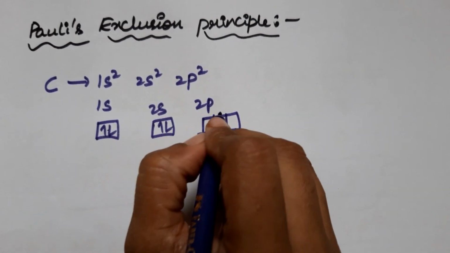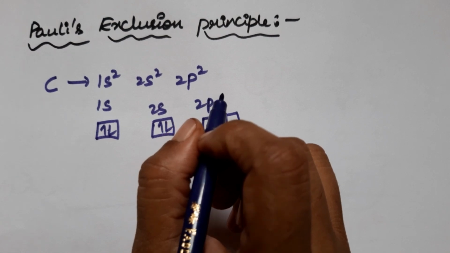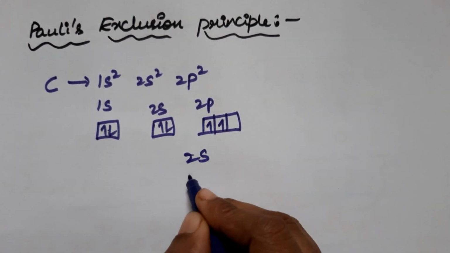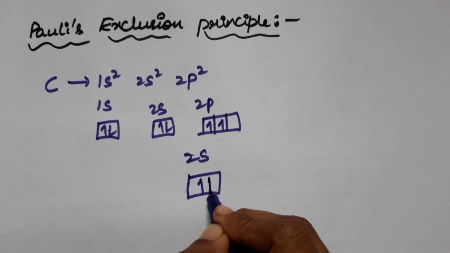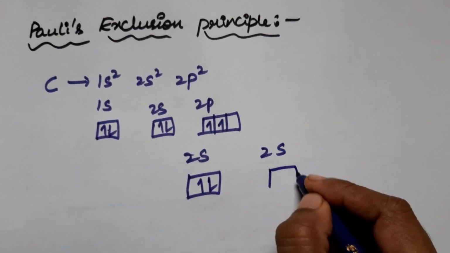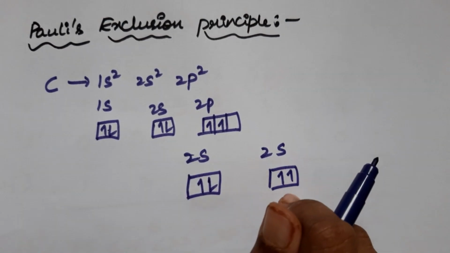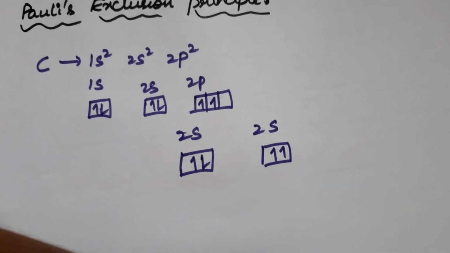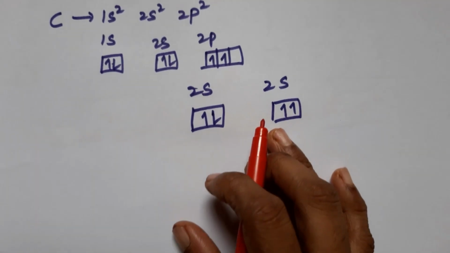Instead of filling like this, if you observe, for 2s, 2 electrons are filled in the same direction. If 2s are filled like this, then it is completely wrong. How can we say that?